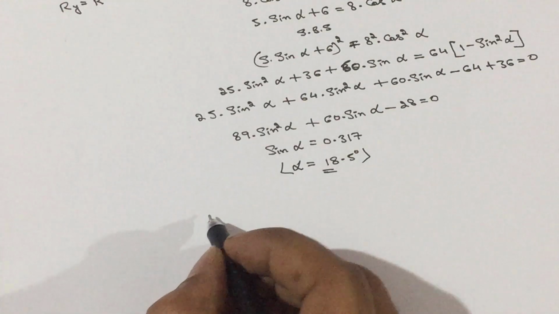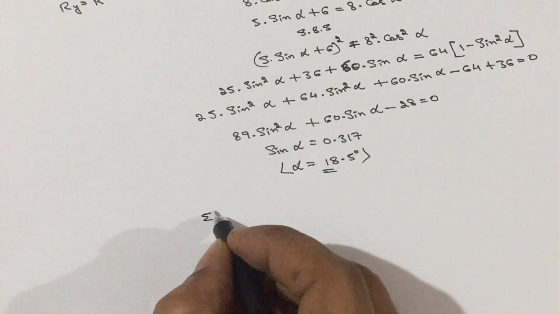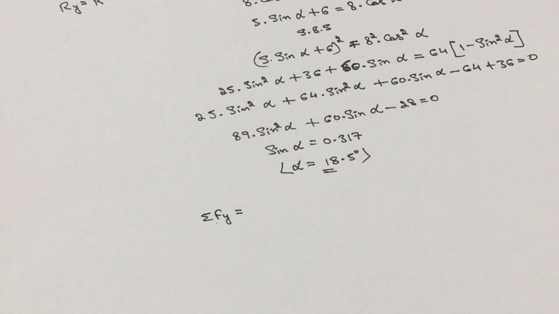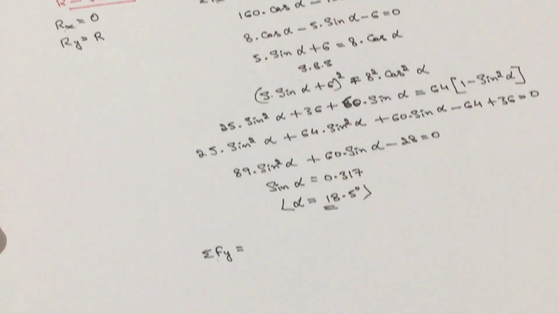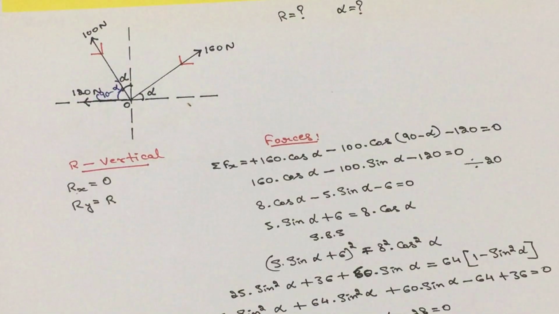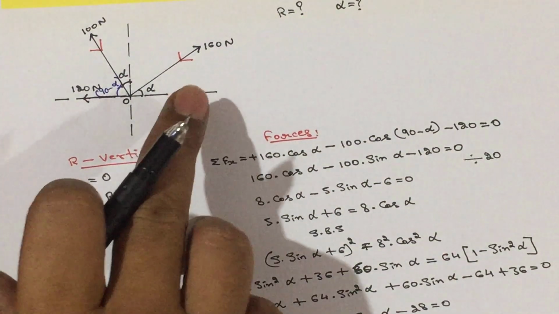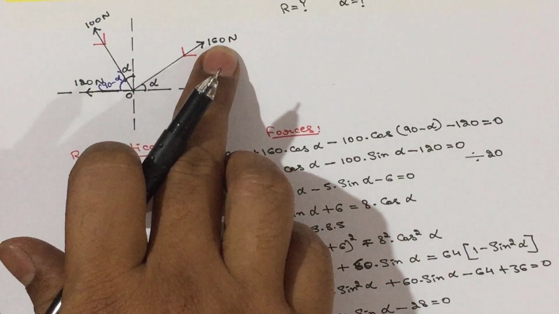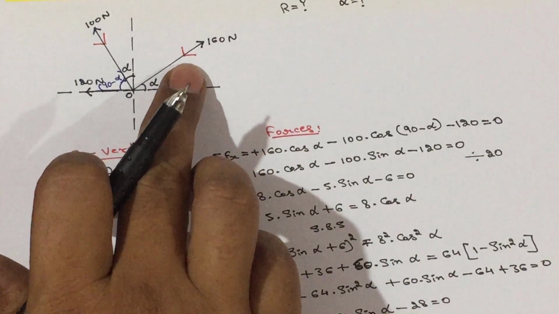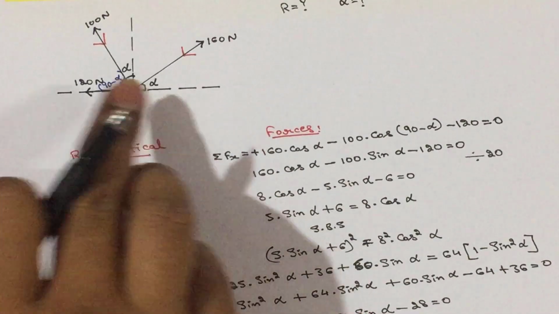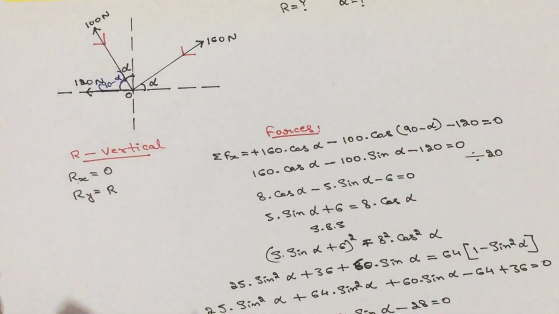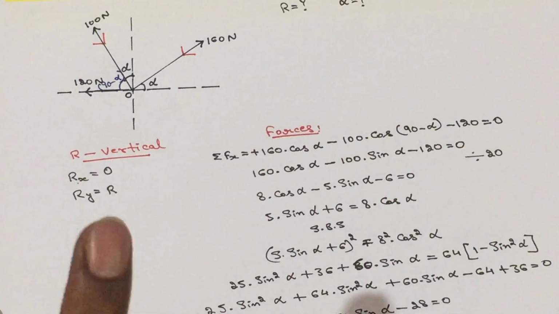Now calculate sigma Fy. It will become F sin theta, that is 160 into sine of alpha, upward positive. The horizontal components, leave them. The vertical component is 100 into sine of 90 minus alpha, upward positive.